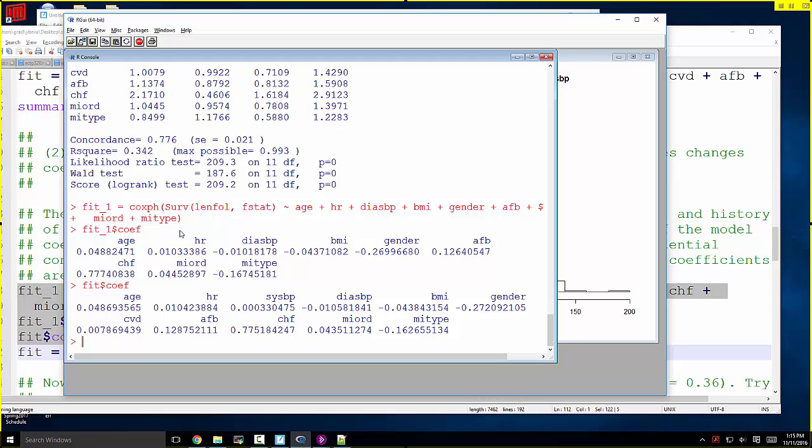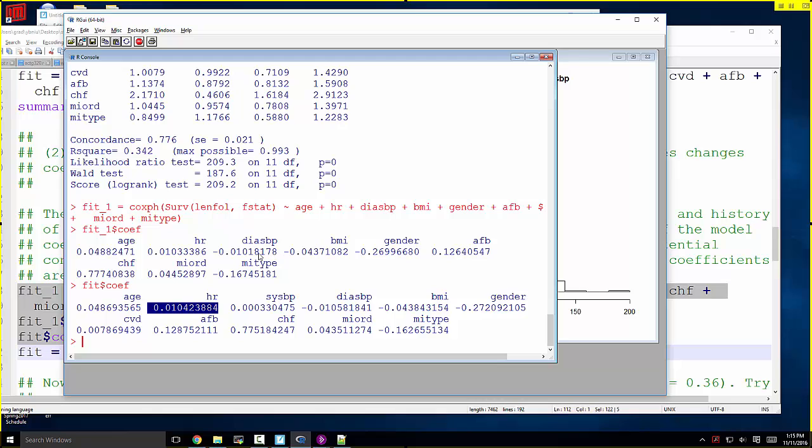So fit coefficient was the original multivariate model that had everything in it. And fit 1 is the model that took out those two covariates. So we could look at these coefficients: age and age, roughly the same, 0.049 or so. Heart rate and heart rate, roughly the same.